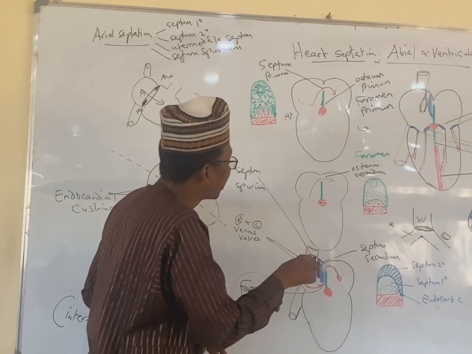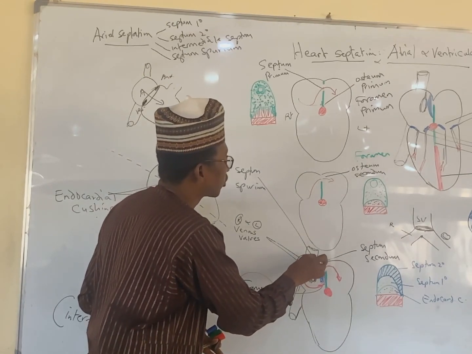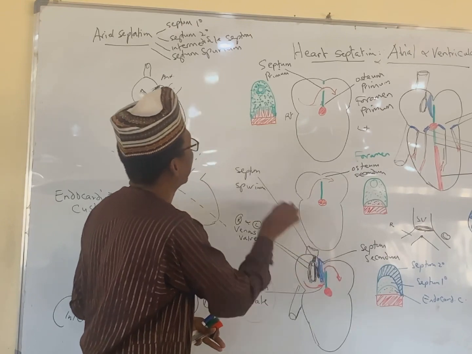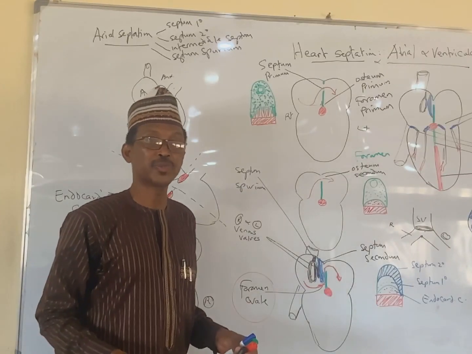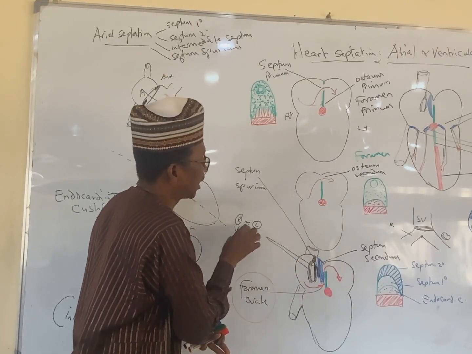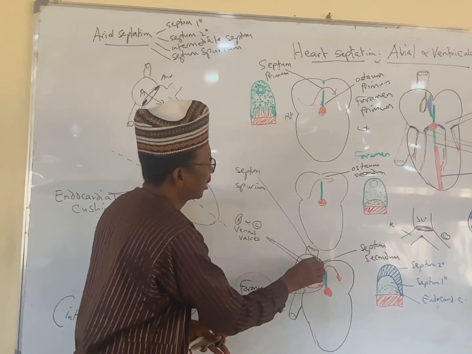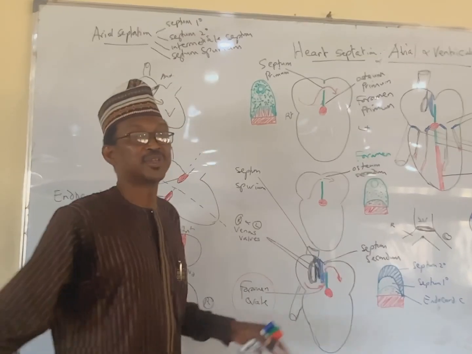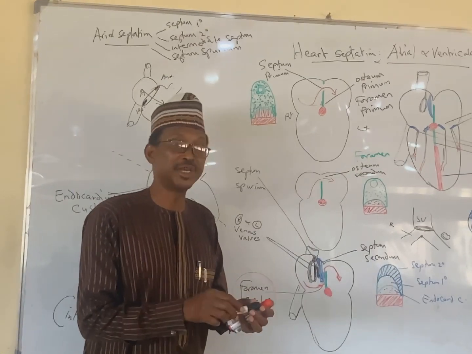So again, similarly, there is another septum dropping from the right side of the septum secundum, and this time around it is called septum superior. So the septum superior that attaches to the left and the right venous valve also contributes to the septation of the common atrium.